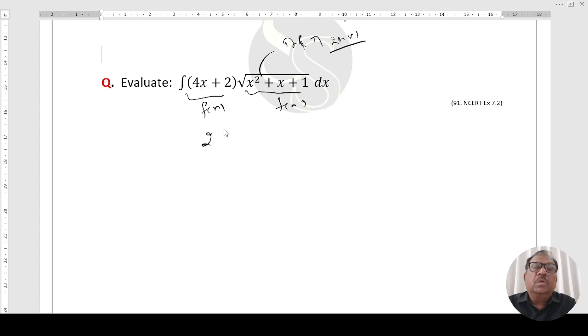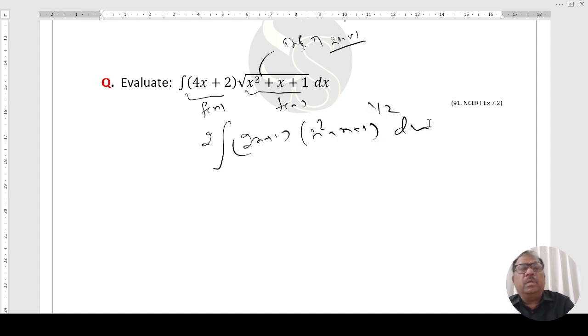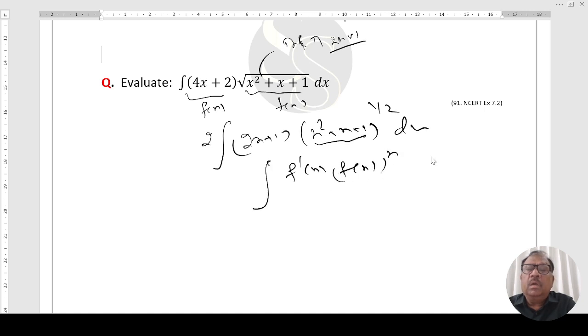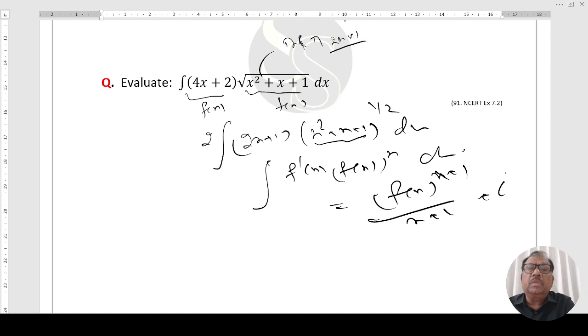So this is 2 taken common, 2x plus 1 into x square plus x plus 1 की power 1 by 2 dx. Right? इसको पुट किया हमने t, तो f dash x into fx to the power n dx. Answer is fx to the power n plus 1 divided by n plus 1 plus c.